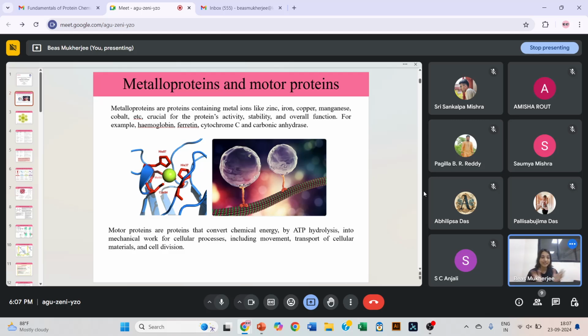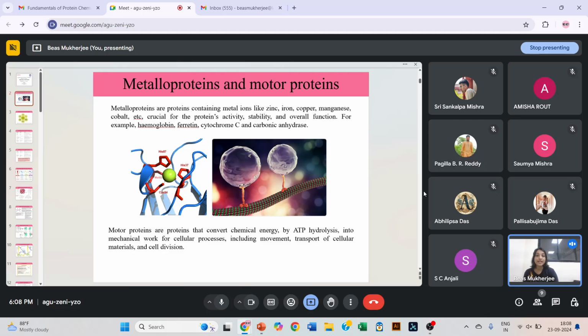Cargo means goods, right? So here, this is a kind of vesicle. Inside that vesicle there can be proteins, lipids, carbohydrates, anything, and the motor protein is carrying that vesicle as it walks. Those tiny orange feet-like structures are the structures used for walking. This is called treadmill. We will be looking into that soon.